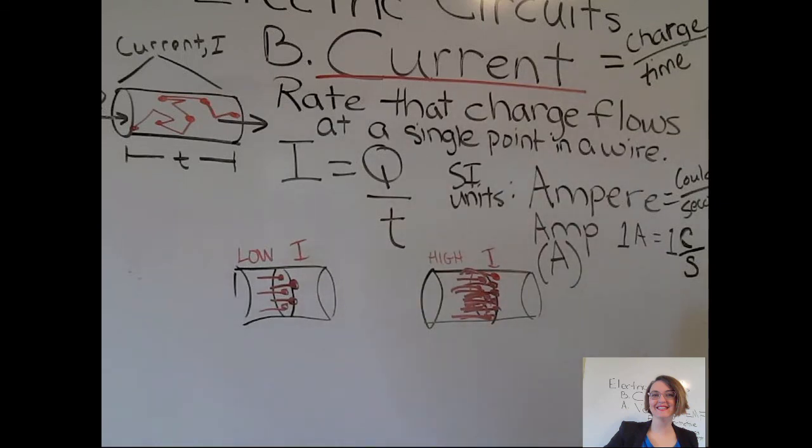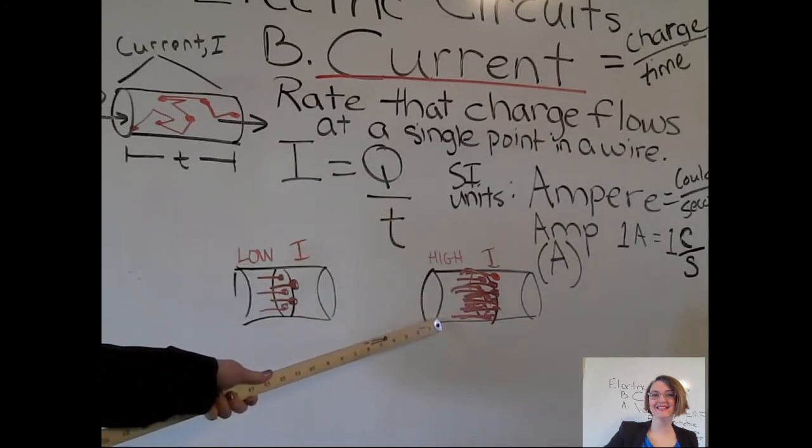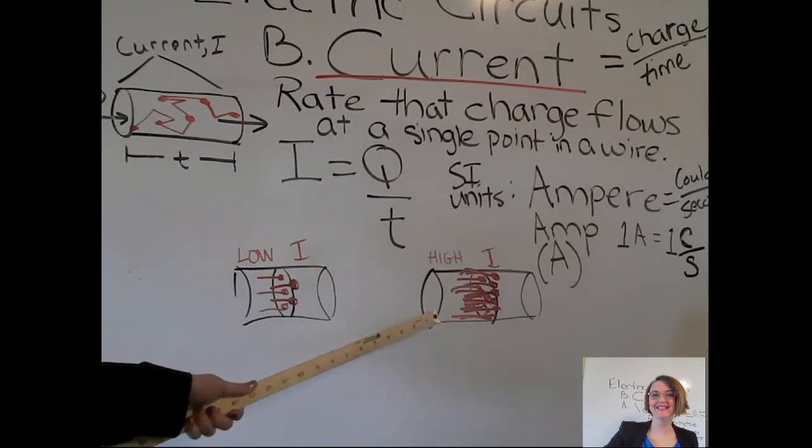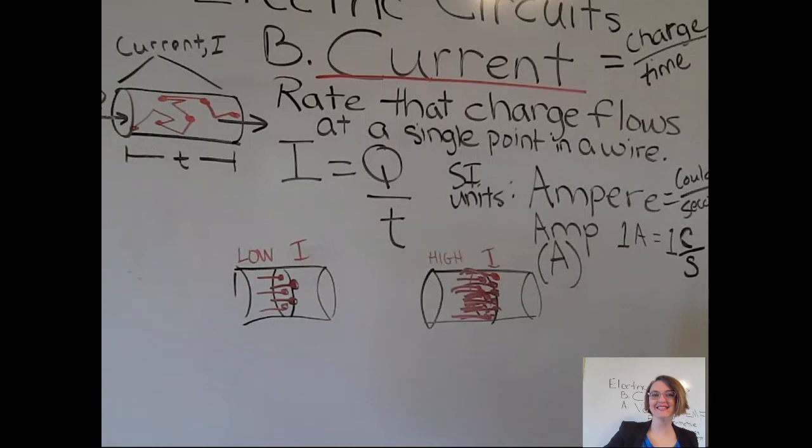If you go to the store like a Home Depot or Lowe's and you buy a lower gauge wire, like a 10 or 12 gauge wire, those electrical cords are going to have more charge carriers and will allow you to have a higher current compared to if you were to buy a higher gauge electrical cord like a 14 or 16 gauge.